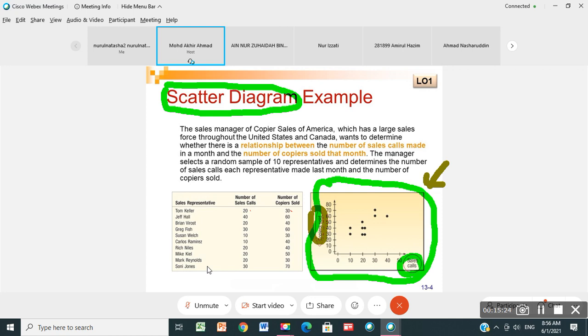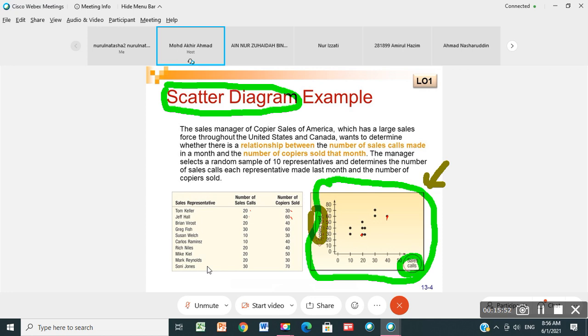So this data we represent as a dot. Here the number of sales calls is 20 and copiers sold is 30, so here is the dot. Then next we see 40 and 60, so we go to 40 and 60, the dot is here. Each data point we represent as a dot.